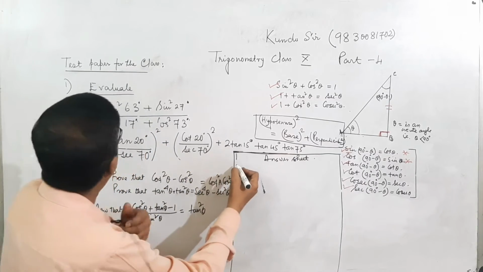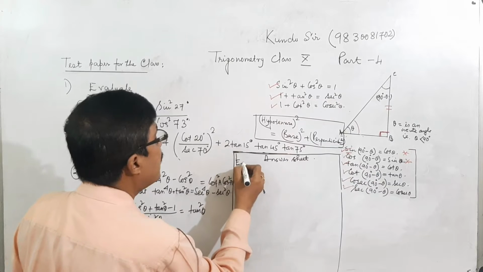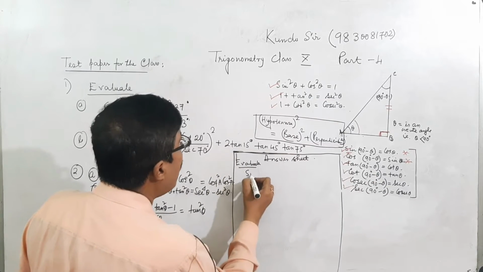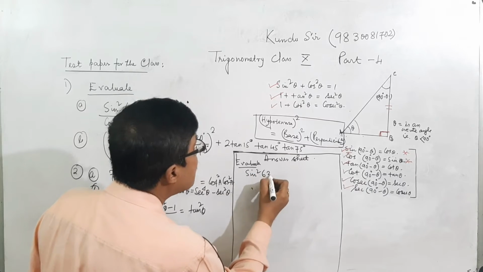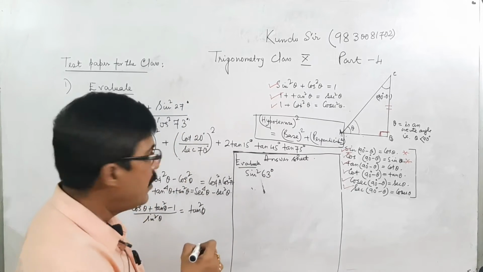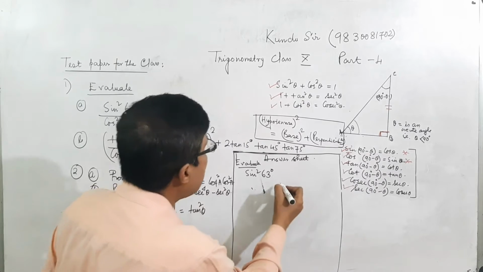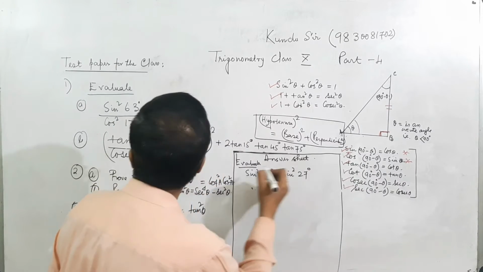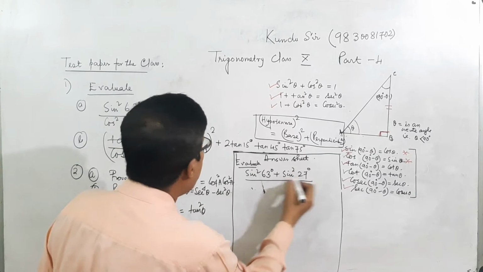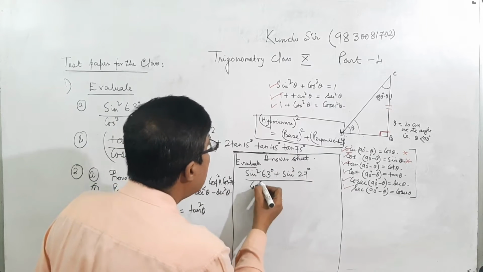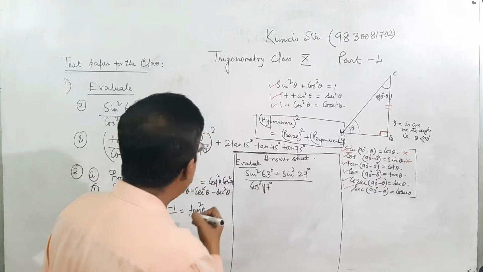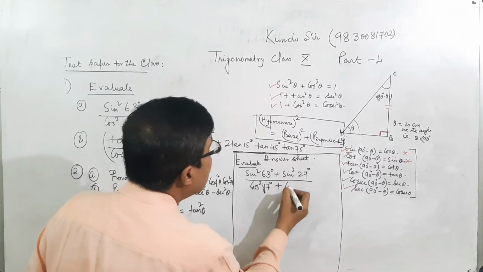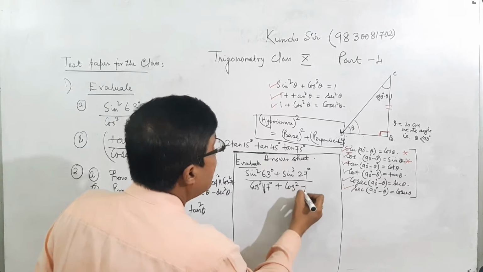First problem, evaluate the value of sin square 63 degree plus sin square 27 degree upon cos square 17 degree plus cos square 73 degree.